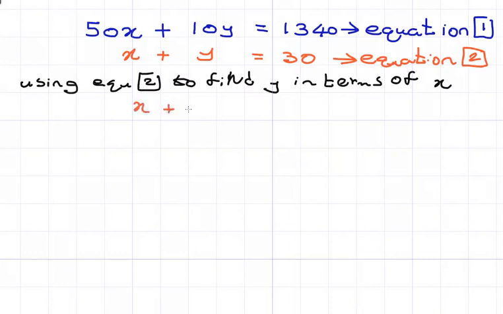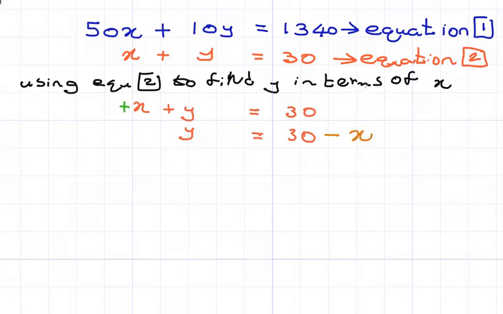X plus y equals 30. Then what would y be equal to? Y would be equal to 30 and the x to be put to other side. Why? Because we are trying to find y in terms of x. So we got to isolate y. Now, what's x's sign? When you don't see a sign, what's the sign? It's a plus. So plus x goes other side. What does it become? It becomes a minus x. So what is y equal to? 30 minus x.